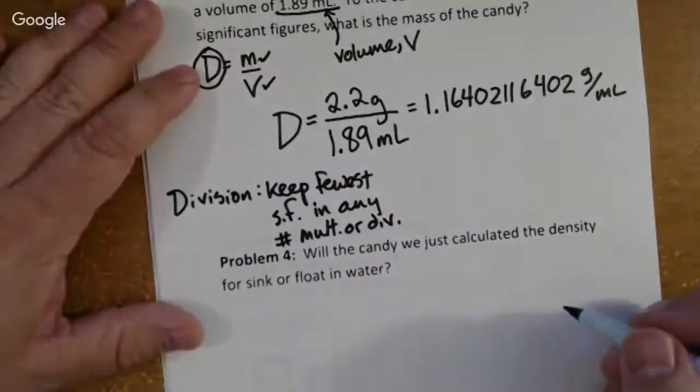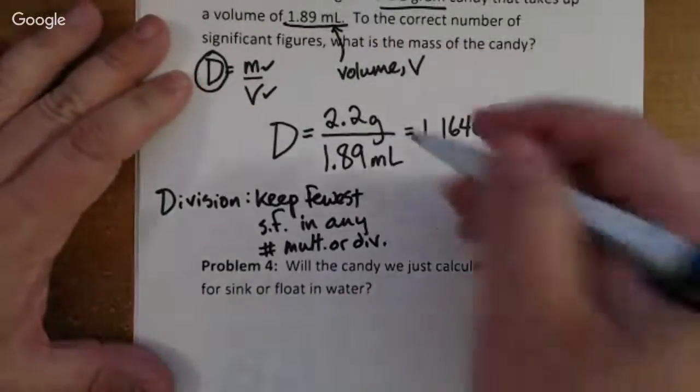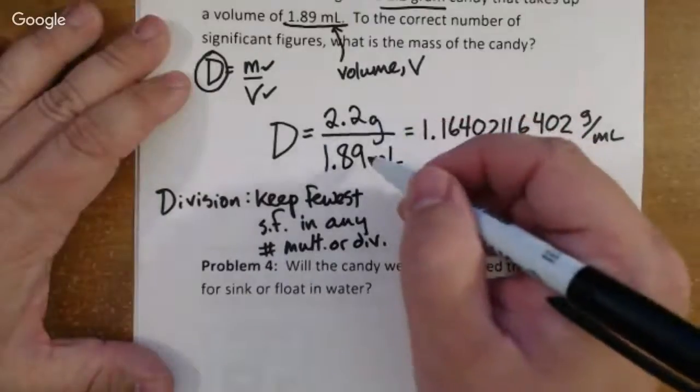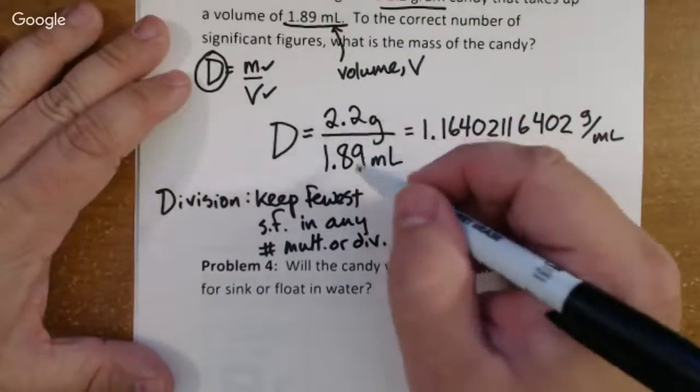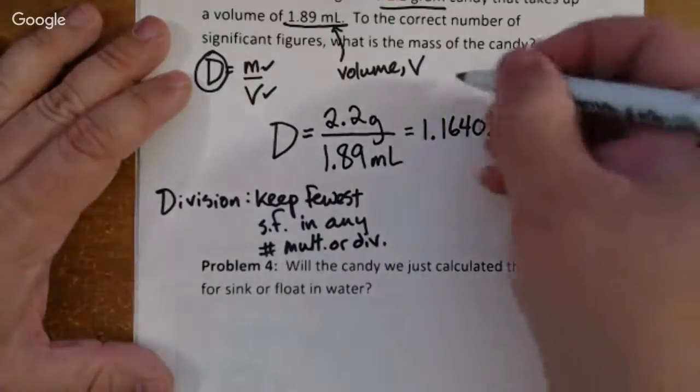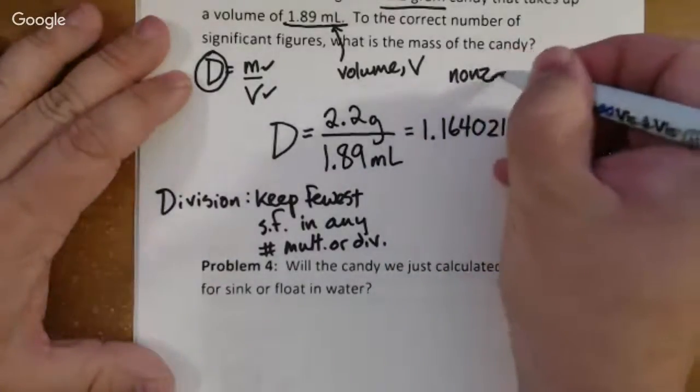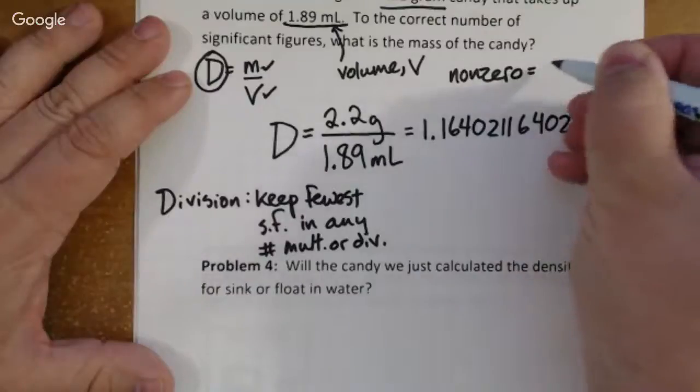So let's look at the two numbers that we multiplied and divided, 2.2 and 1.89. Well, these don't have any zeros in either number, and non-zero always means significant.